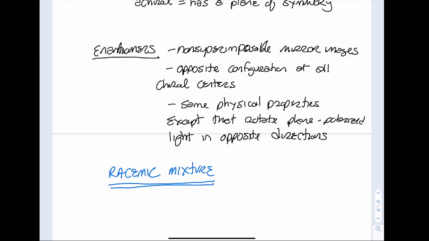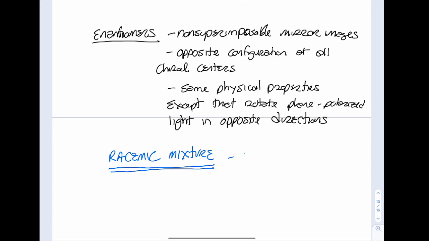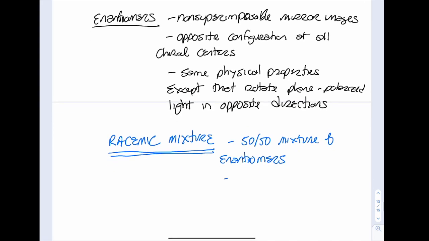So if you have a sample of molecules and half of those molecules are going to rotate light to the left and the other half are going to rotate light to the right, the net effect is that your light is not rotated. So this is a 50-50 mixture of enantiomers. Essentially, it's not optically active as a mixture.